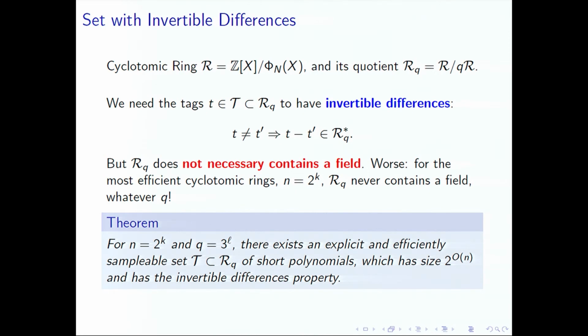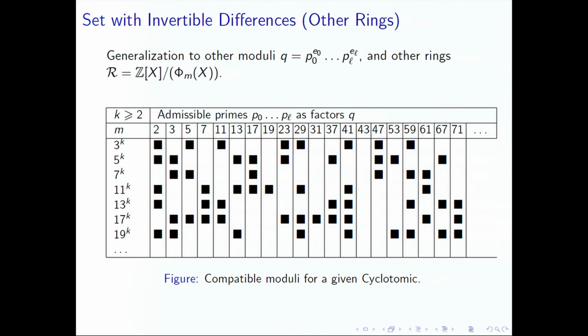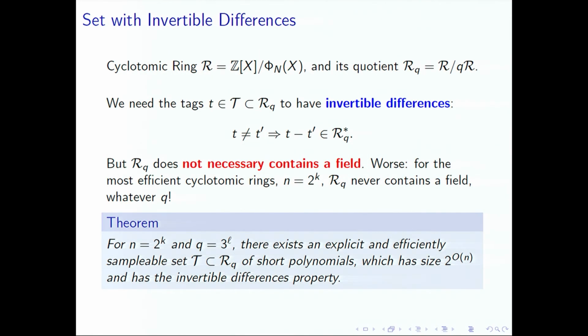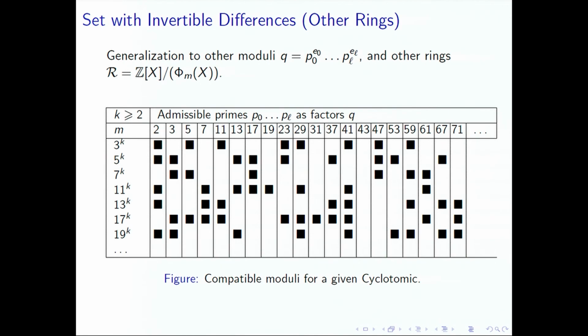They will be easily sampleable, they will be short, and there will be exponentially many of them, which is what we need. So that's for the case of powers of 2 cyclotomics. We can also, doing a little bit of algebra, generalize this to other cyclotomics. But really, the construction that's probably the most efficient is this one.